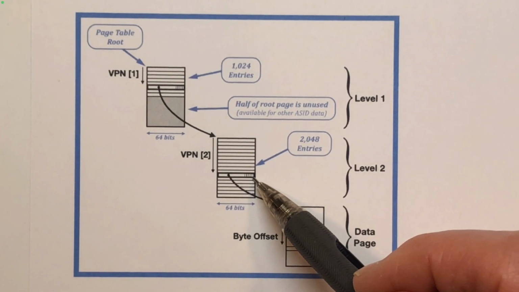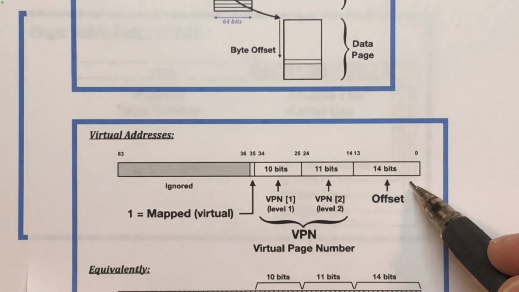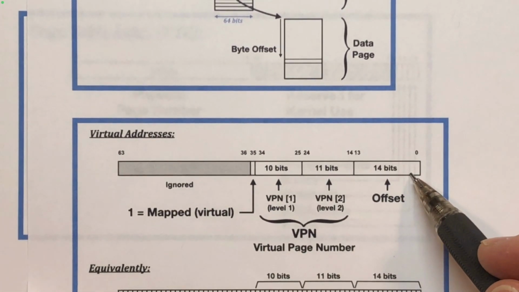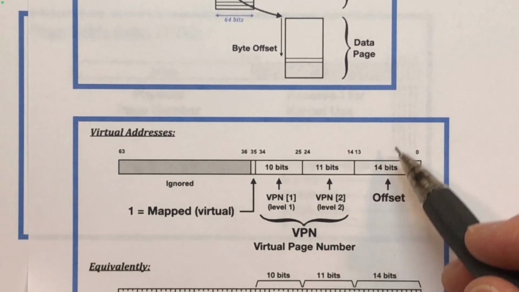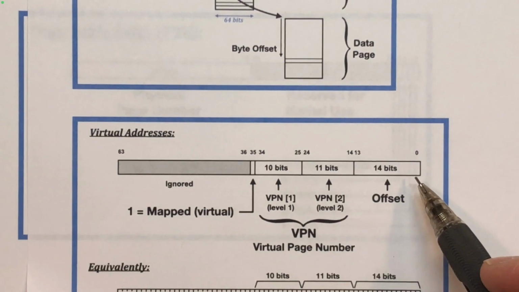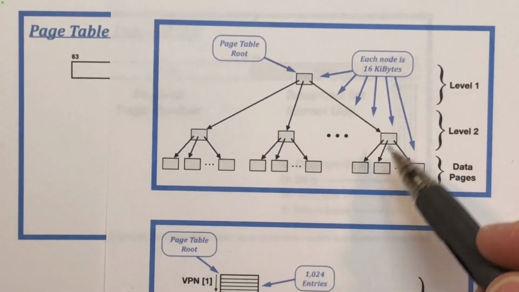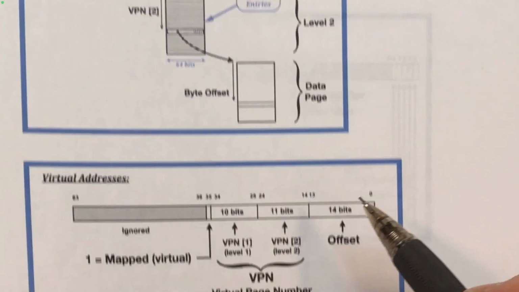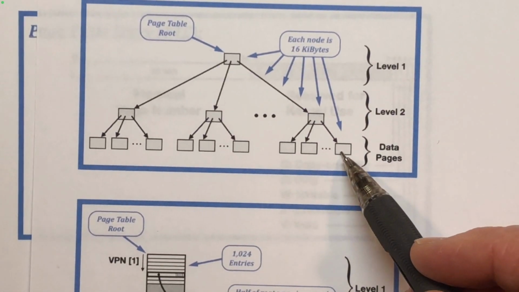When a virtual address is presented to the hardware, that is, when an instruction is executed that uses a program-generated address with a 1 in this bit, and therefore that is a virtual page, the hardware will walk the page table to locate the appropriate data page and use the offset to access the byte within that data page.